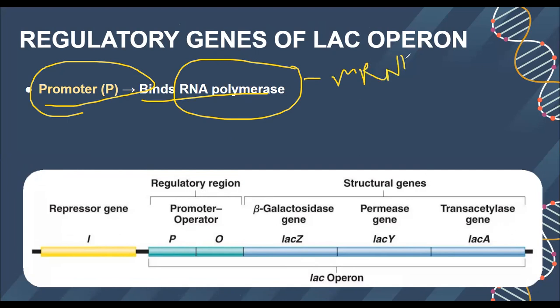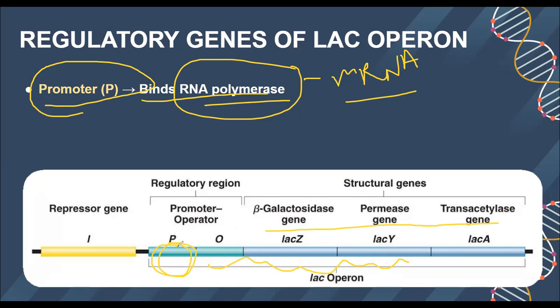So you require the enzyme RNA polymerase, which will bind to this promoter over here and will transcribe the genes, that is the beta galactosidase gene, permease gene, transacetylase gene. What are these genes? These genes are required for the breakdown of lactose, that is lactose utilization, through which the energy and nutrients can be taken and the E. coli cells can double their population.